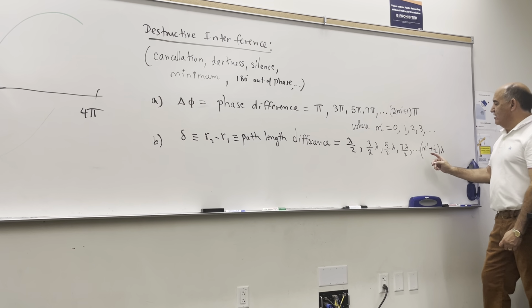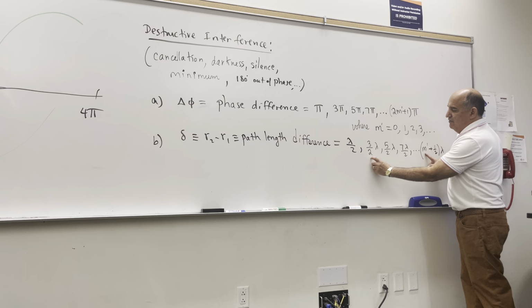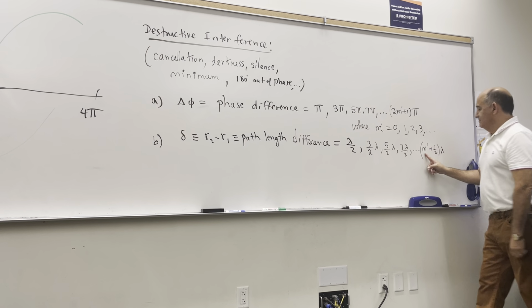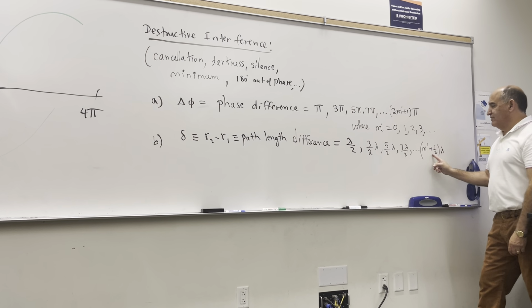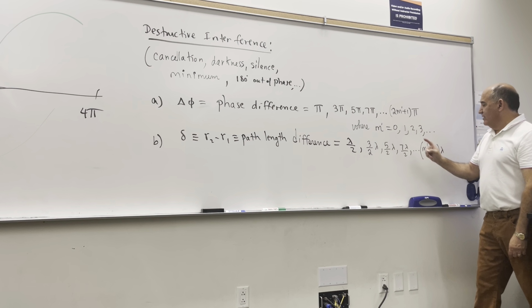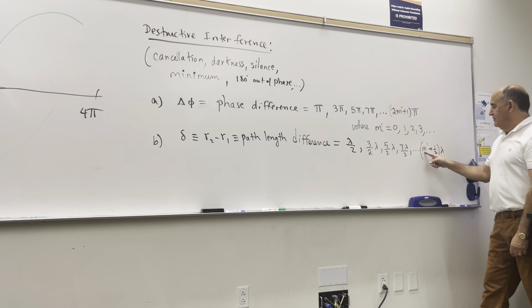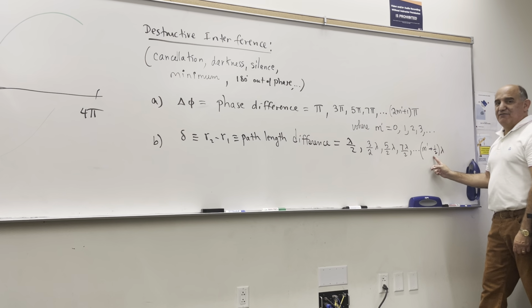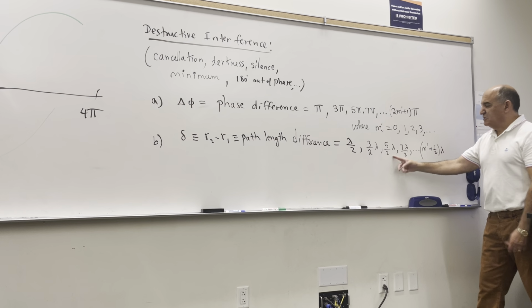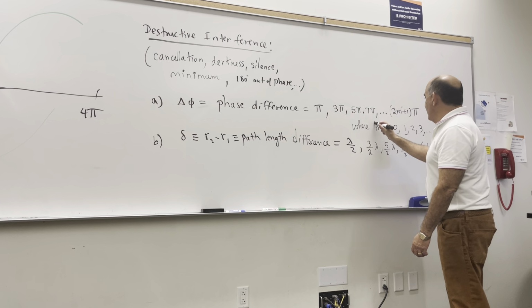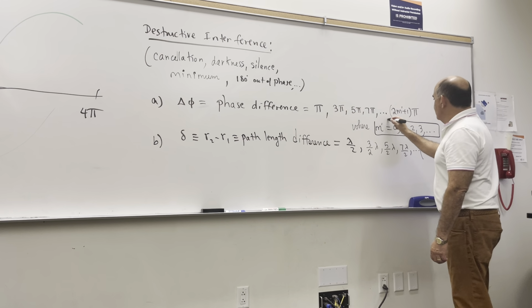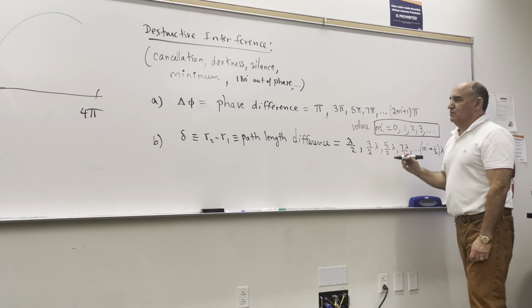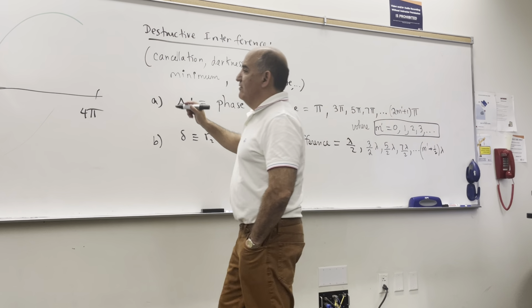What would have to be the value of m prime so you get the second allowed value? 1, because 1 plus a half is 3/2. What would have to be the value of m prime so that you get this value? It would have to be 2, because 2 plus a half is 5/2, which is this. So notice, if you write it like this, you can still get destructive interference.